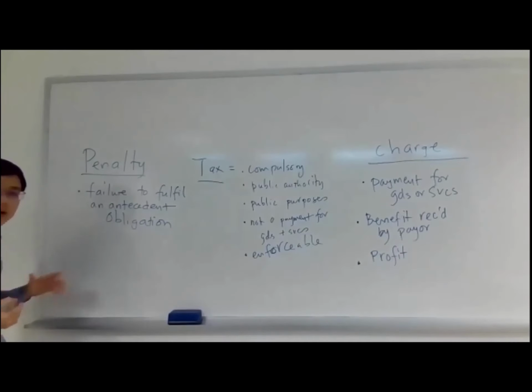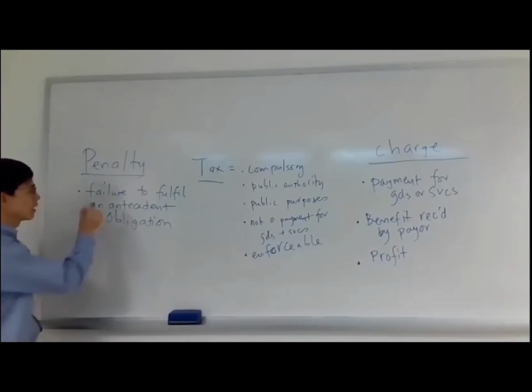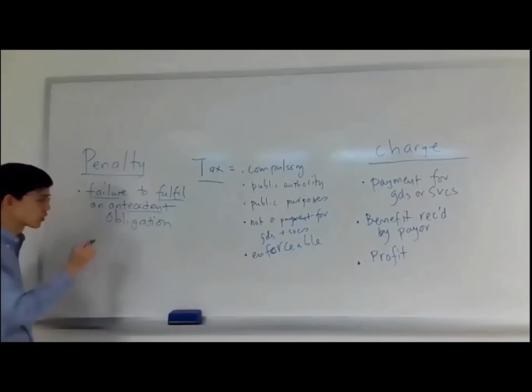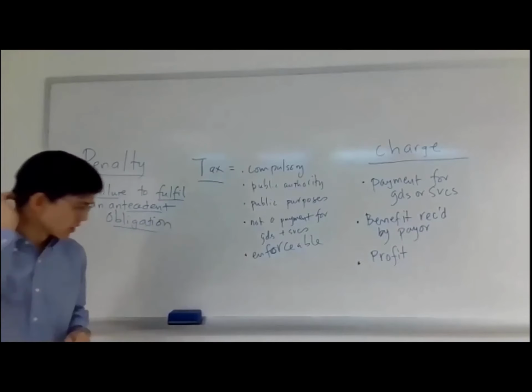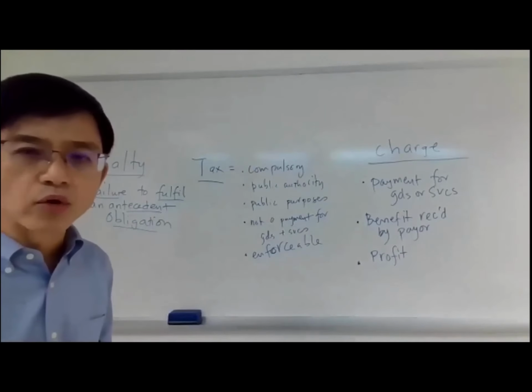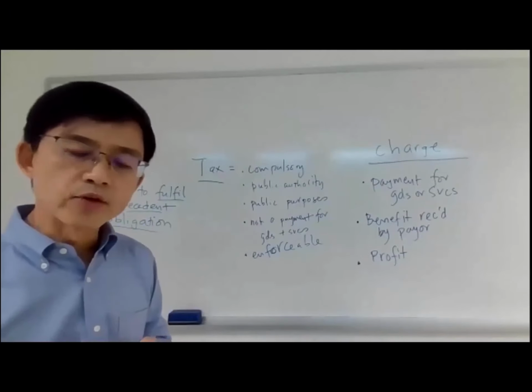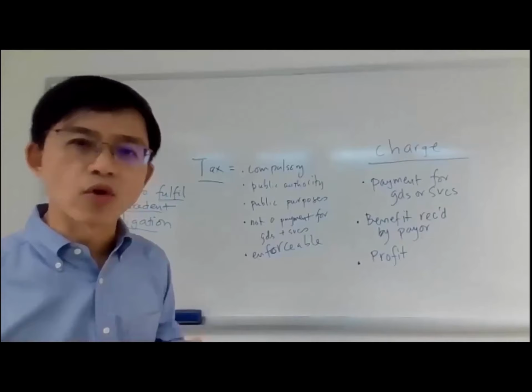So what do we mean by a failure to fulfill an antecedent obligation? If you focus on the words, first, there is a failure. You did not meet a particular condition, and the particular condition is called an antecedent obligation. So let's say you hadn't paid your taxes on time, and you failed to file your tax returns on time.